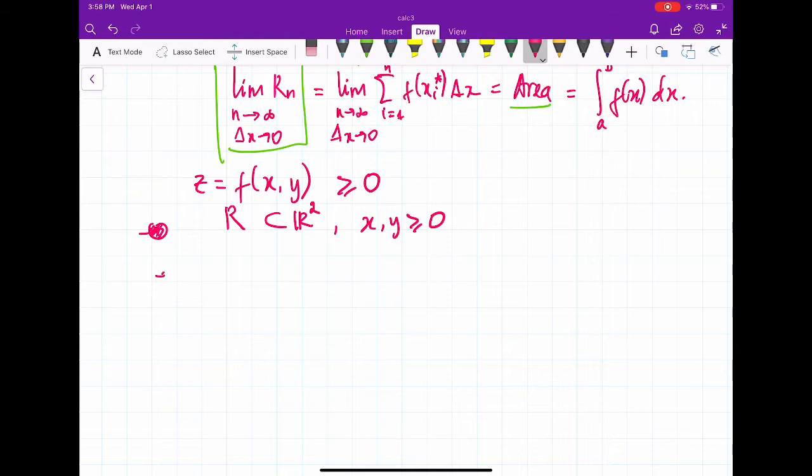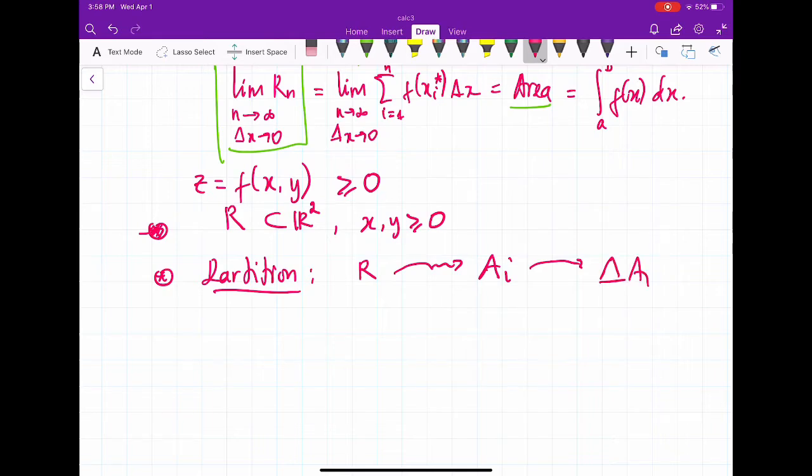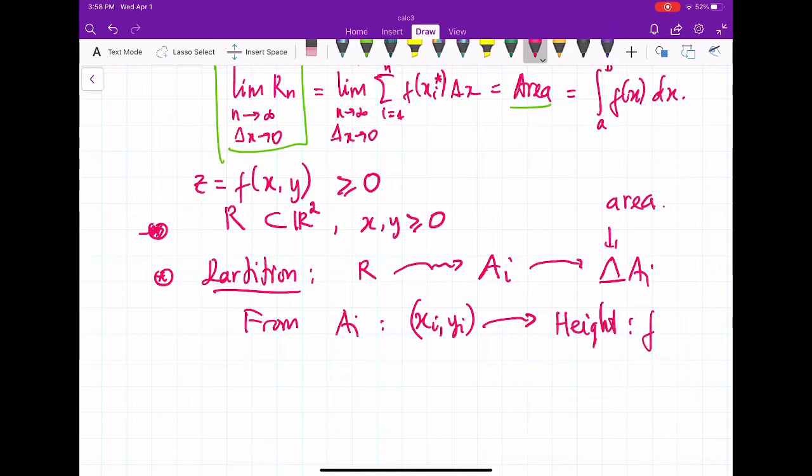Okay. And then you have to do some partition. You break R into rectangles Ai. For each Ai, you have area of Ai, which is delta Ai. And then from Ai, you pick some point xi, yi. So for this point, you have the height of your rectangular prism. The height is f of xi, yi.